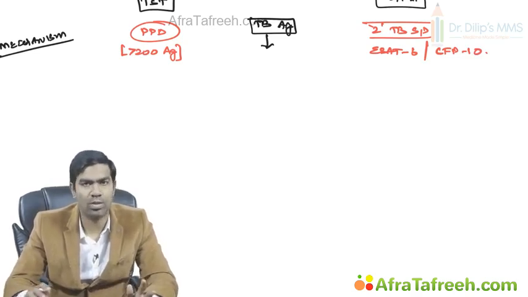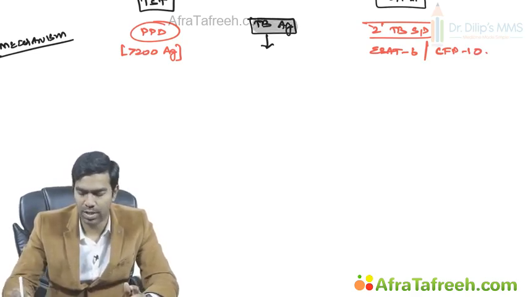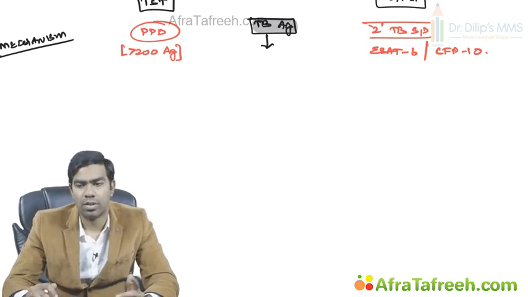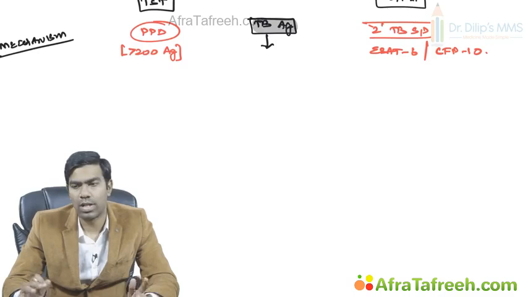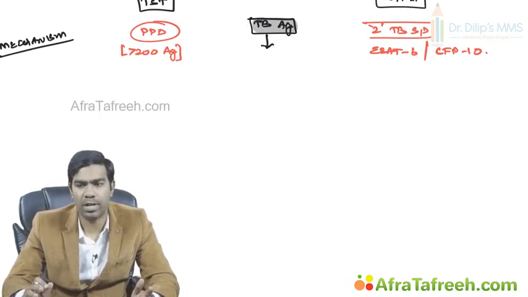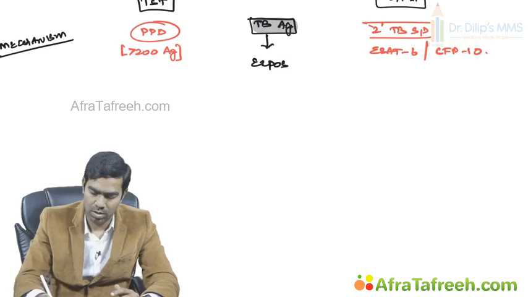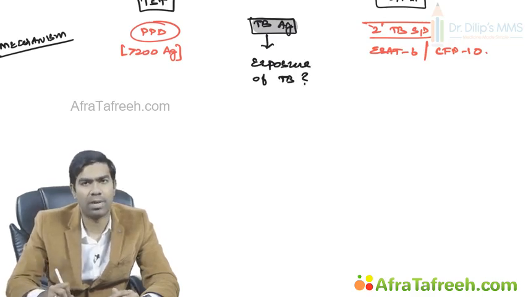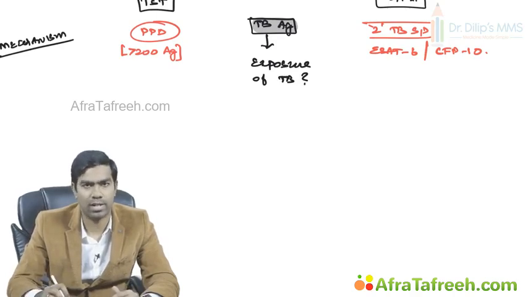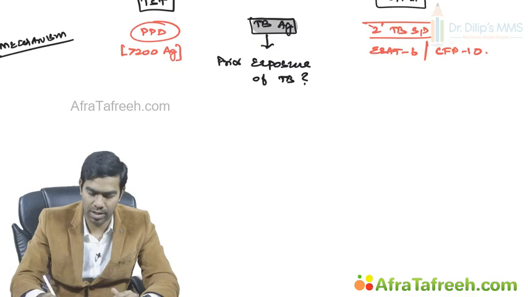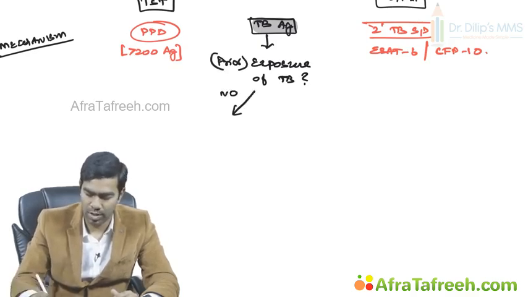So anyway, we are going to make the patient exposed to a TB antigen. If they are exposed to the TB bacteria already, or if they are not exposed to the TB bacteria already, depending on that, your response will differ. Suppose, let us see whether there is any prior exposure to TB bacteria or not. We can write prior exposure to TB: no or yes.